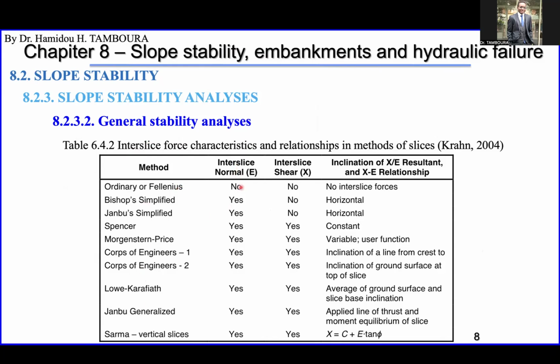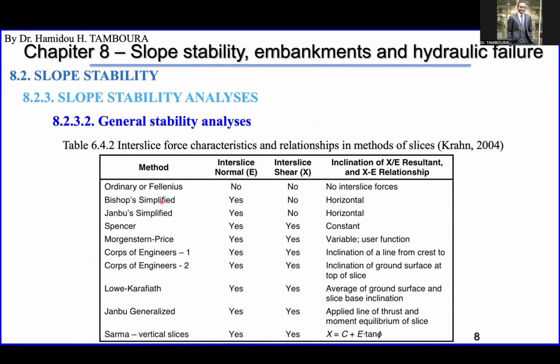Now, interslice normal force, interslice shear force, and inclination of X. You can see X is this one, E is this one. It means shear force and normal force. So the resulting force and then the relationship between X and E.